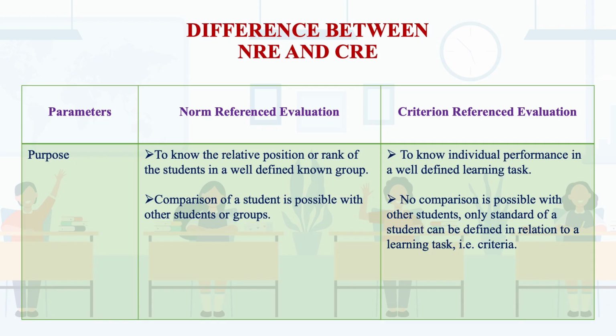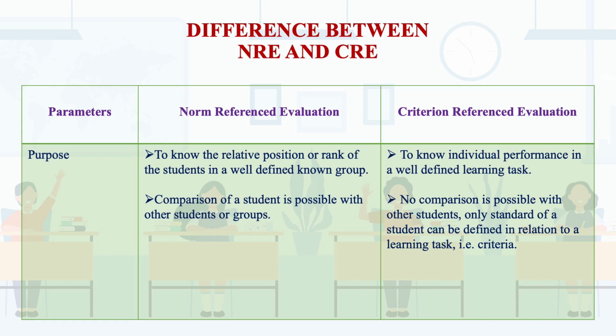Earlier we discussed this in the concept. And further, in norm-referenced evaluation, comparison of a student with other students is possible, but here comparison of students with other students is not possible, but you can describe and explain one's performance in a well-defined learning task.